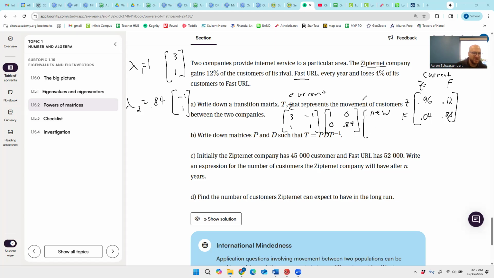I guess I need to get P inverse. I'm just going to do it on my calculator.